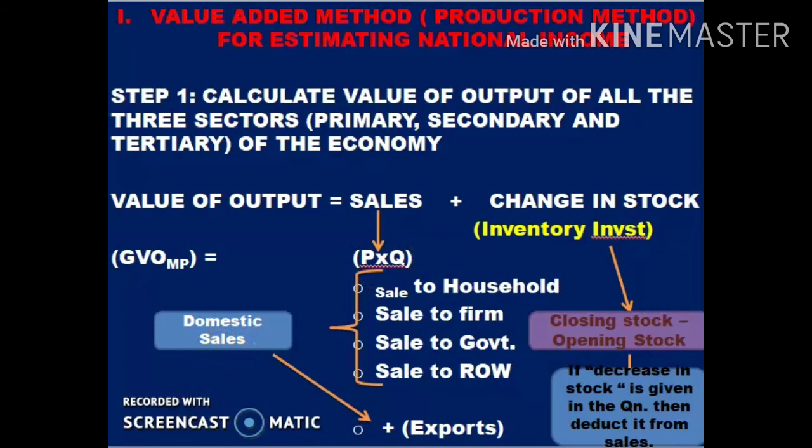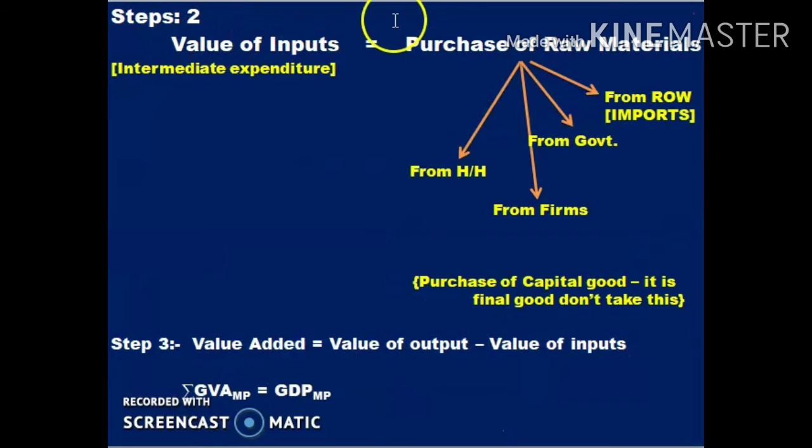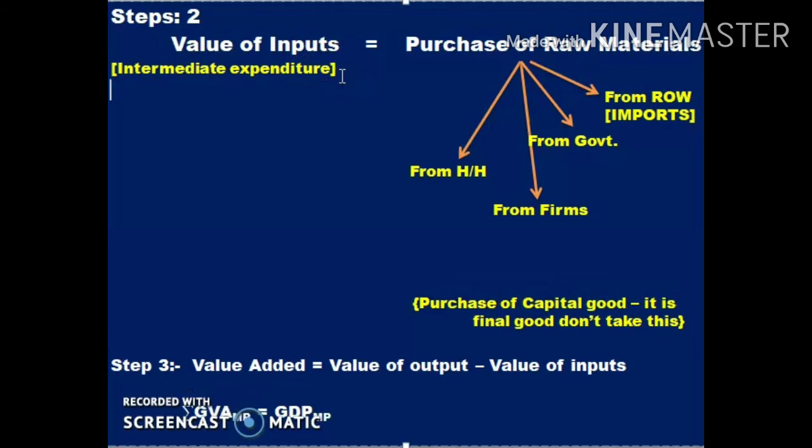Okay, so next is the value of inputs, equal to purchase of raw materials. It is also known as intermediate expenditure, or it may be given as intermediate consumption. So purchase of raw materials may be from household, firms, governments and rest of the world.